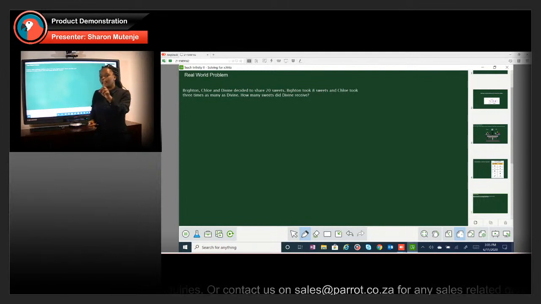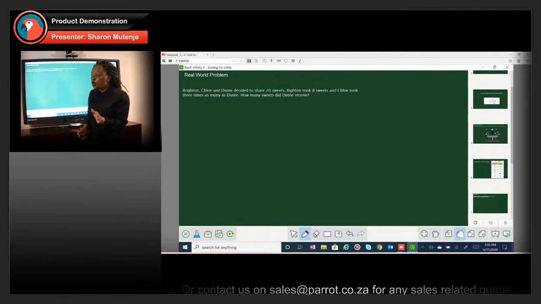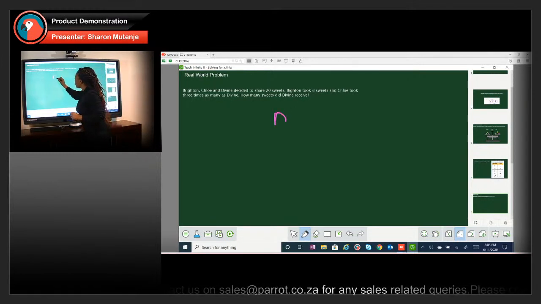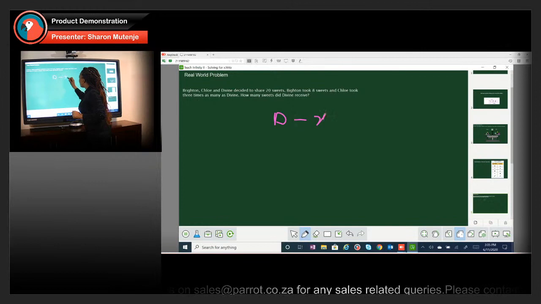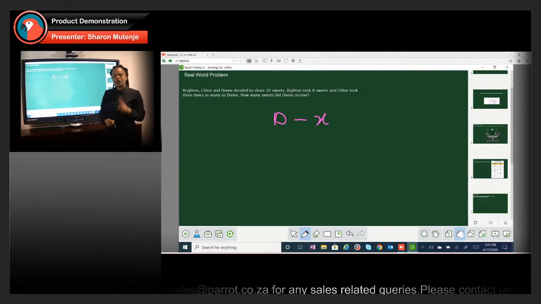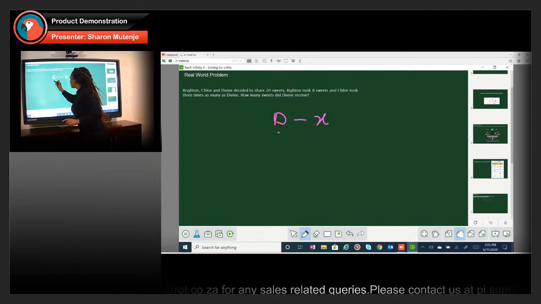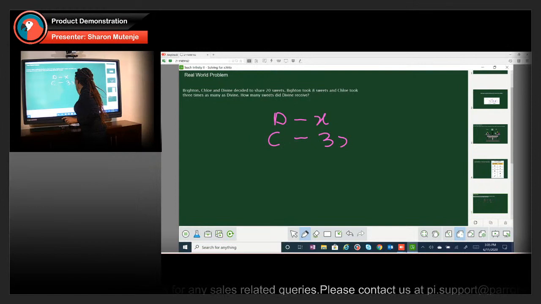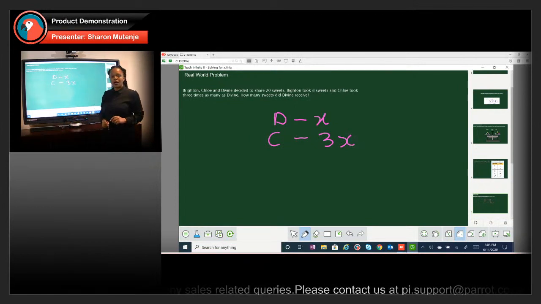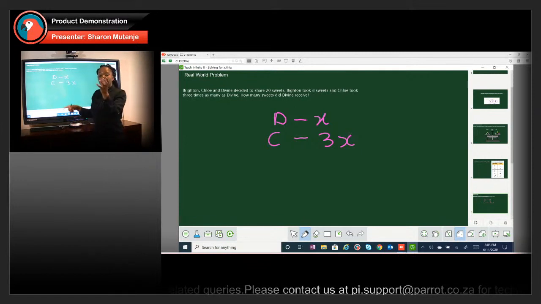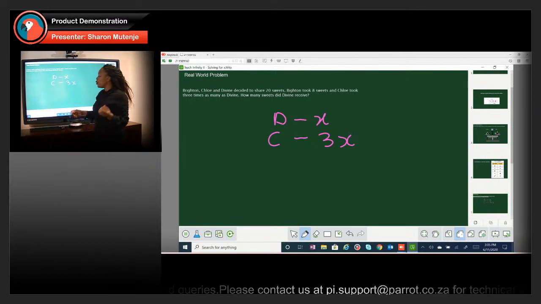Meaning Divine is going to be our unknown variable. So I'm going to say Divine gets x sweets. If I give Divine x sweets, then Chloe's share is going to be 3 times Divine's share. But Brighton already took a constant value, which is 8.